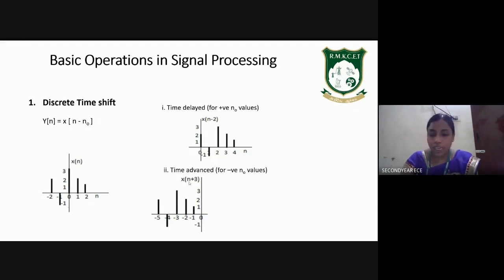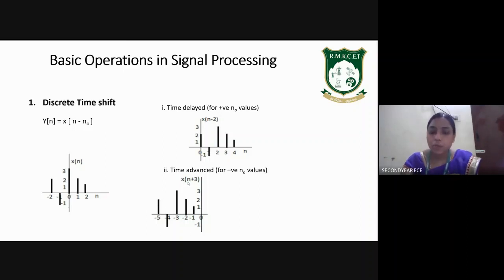If we substitute here n is equal to minus 5, we get x of minus 2. So what is the x of minus 2 value from the original signal? It is 2, isn't it? So we will draw the sample here.